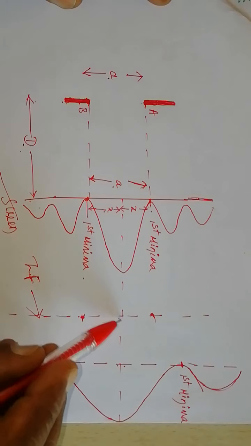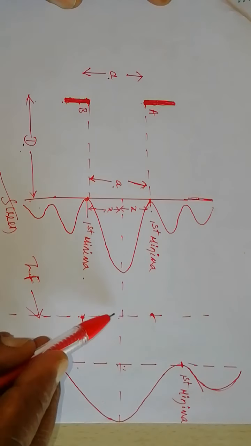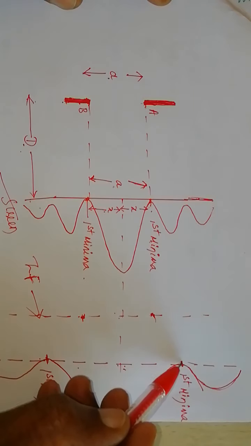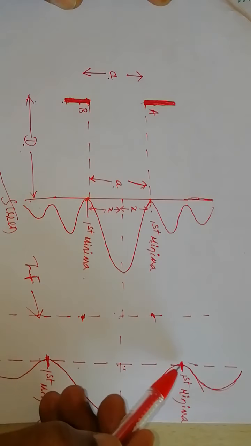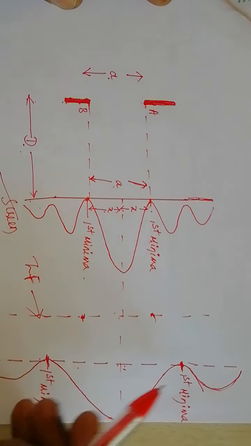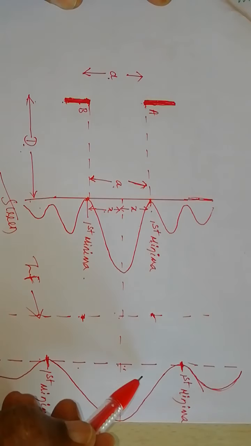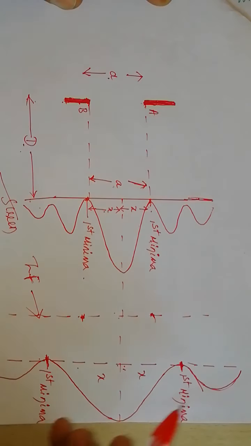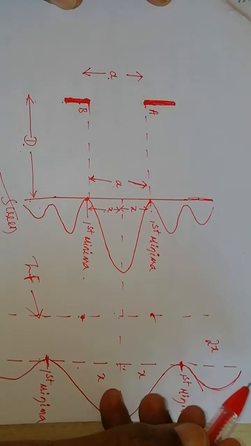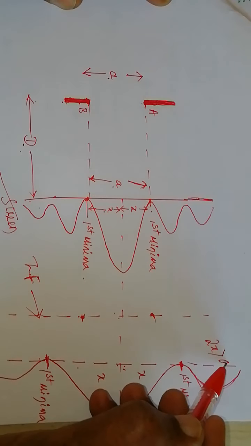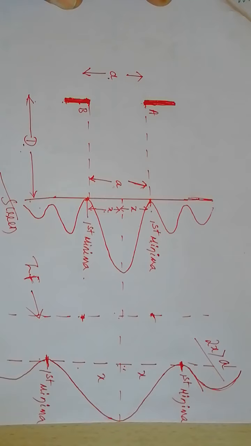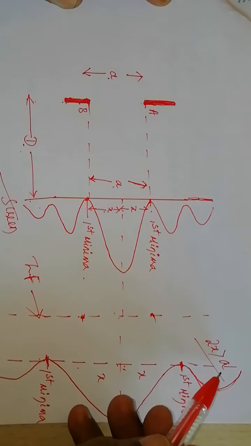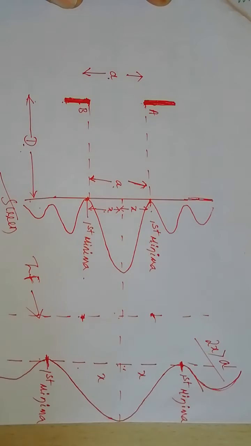beyond the Fresnel's distance. The screen being beyond the Fresnel's distance, the angular spread or linear width of the central maxima increases. Here x plus x, that is 2x, the linear width of the central maximum, is too large compared to the width of the slit a.